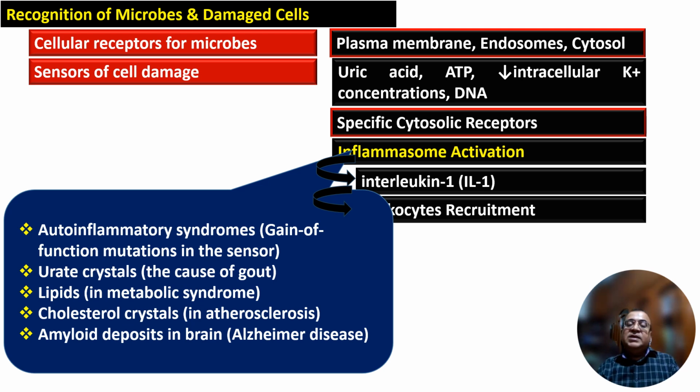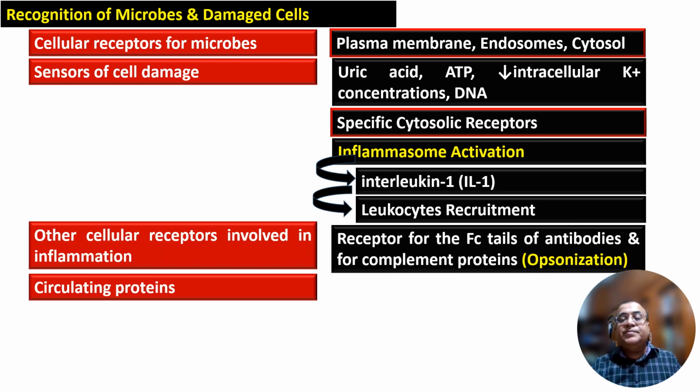Sometimes there is autoinflammatory syndrome, in which there is a gain of function mutation in the sensors of inflammasome activation. The same inflammasome activation is also seen with urate crystals, the cause of gout, lipid accumulation, cholesterol crystal formation, and amyloid deposits in the brain.